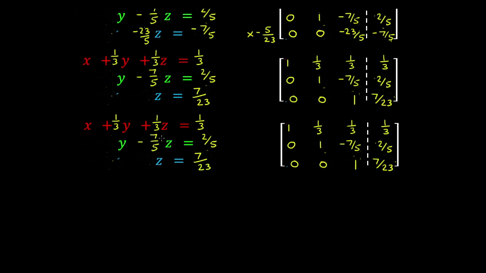So now we can zero out z to solve for y by adding 7 on 5 multiplied by row 3 to the second row.